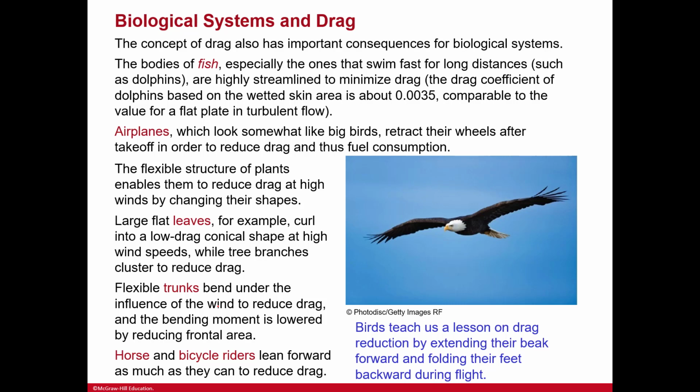Horse and bicycle riders lean forward as much as they can to reduce drag. So the goal is to reduce the drag, right? We want to become more efficient. Here you can see birds teach us a lesson in drag reduction, by extending their beak forward and folding their feet backwards during flight.